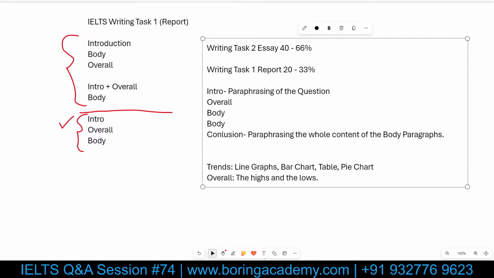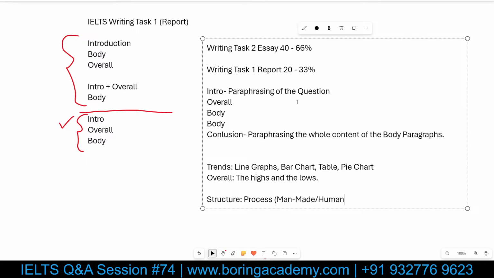Another instance is, let's say there is a structure. For instance, you're talking about a process, human-made, or let's say a natural process. You can just simply say the structures.